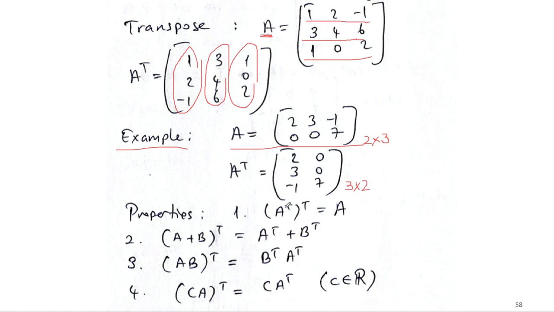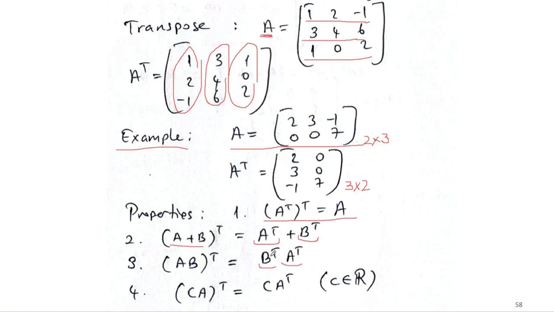There are a few properties of the transpose that are quite handy for us. For example, the transpose of the transpose gives us back the original matrix A. If we sum two matrices and then take the transpose, that's the same as taking the transpose first and then summing these two matrices. The transpose of A times B is equal to B transpose times A transpose.